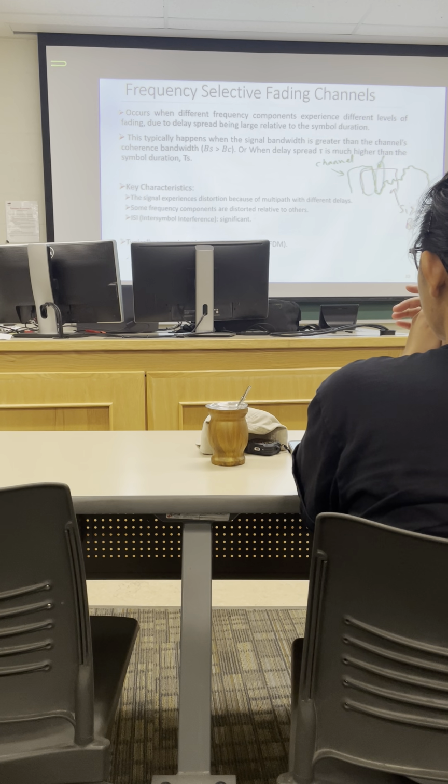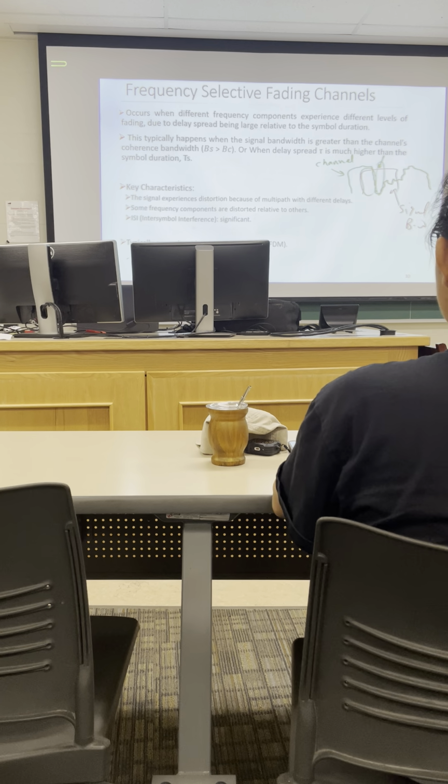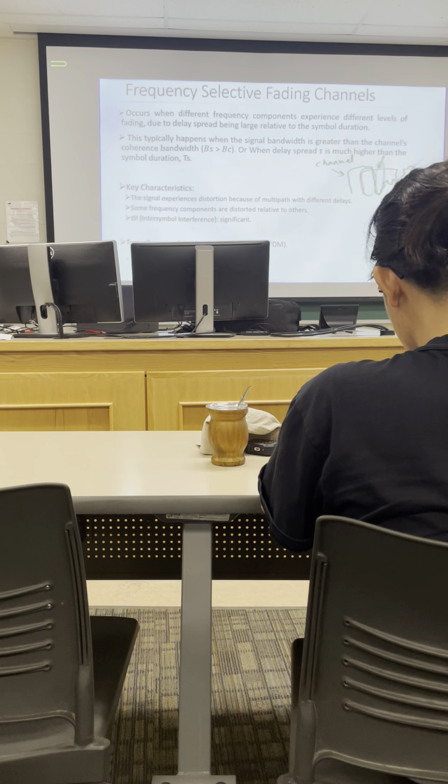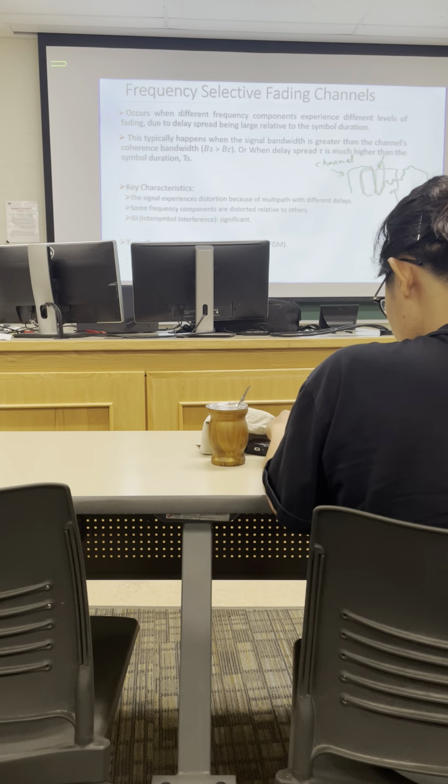If I have a wideband signal, in this case I most likely exceed the coherence bandwidth, because typically the coherence bandwidth in wireless communication is relatively small. So if you have a high bandwidth or wideband system, you will most likely be greater than the coherence bandwidth, and you will experience what is called a frequency selective channel, which is commonly encountered in our communication.